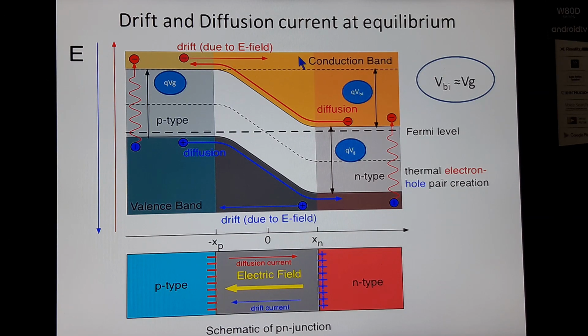That's why at equilibrium the drift current and diffusion current counterbalance each other. The diffusion current and drift current are equal and opposite, yielding zero current across the junction. As a result, we are not able to measure this junction voltage or contact potential by any voltmeter.